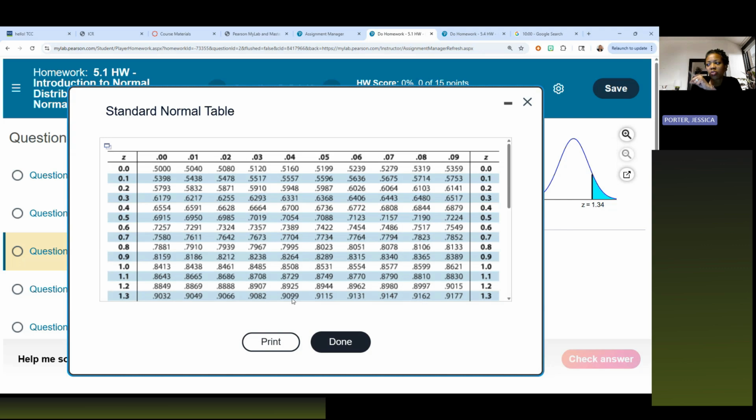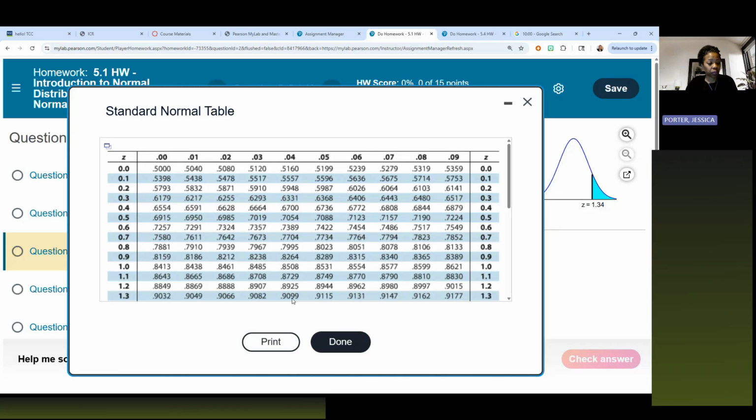What do I need to do to this 0.9099 in order to get the area to the right of 1.34? What should I do? Okay, so 1 minus 0.9099. You're going to subtract that number from 1.